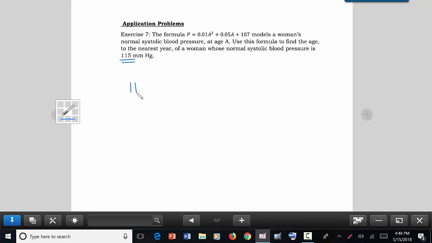Blood pressure is 115. This equals to 0.01 a square plus 0.05 a plus 107. And you already see this is the quadratic equation. So you want to have one side 0. For that reason, I'm going to subtract 115 from both sides.